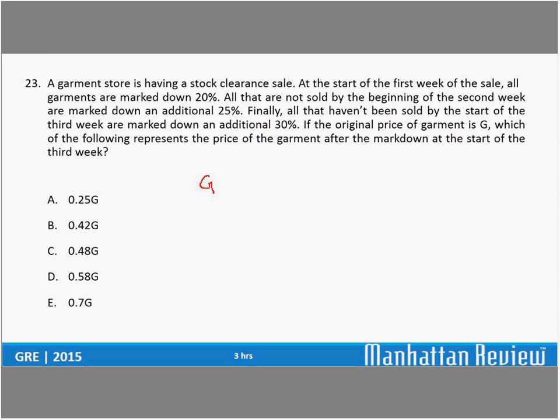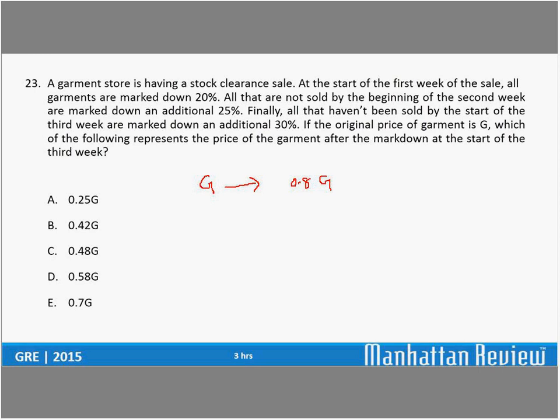But it is all in variables, G. If the original price of the garment is G, and I mark it down by 20%, I took it as 0.8 G. What did I write? I have written 80 by 100 G.